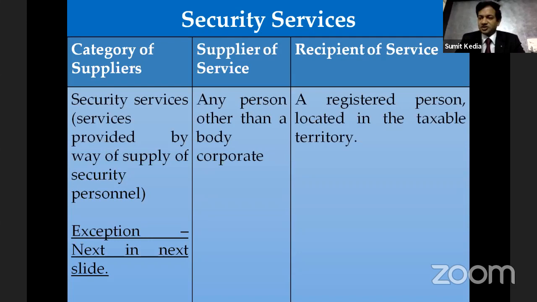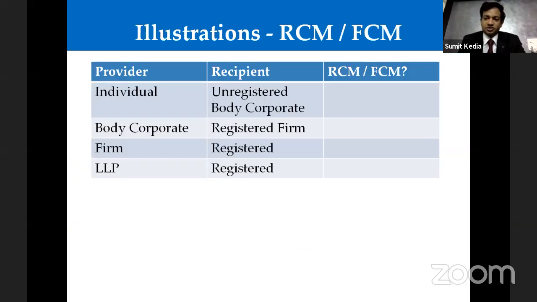The supplier should be any person other than a body corporate, and the recipient should be a registered person. So what will be your answer in the first case? The provider is an individual, the recipient is an unregistered body corporate. So if you see, the provider should be a non-body corporate, he is not a body corporate, satisfied. The recipient should be a registered person, he is not registered, and hence RCM will not apply, FCM will be applicable.